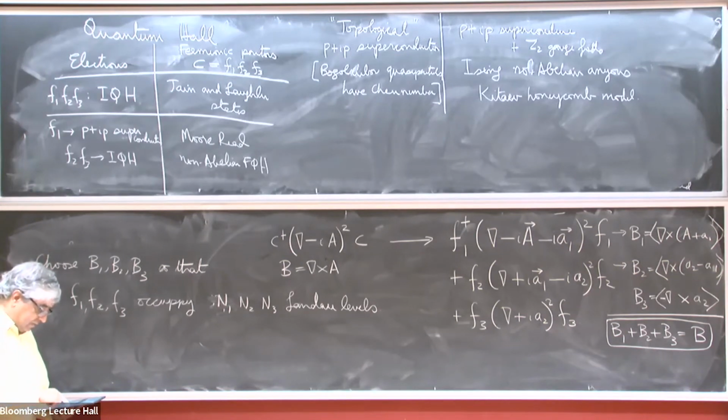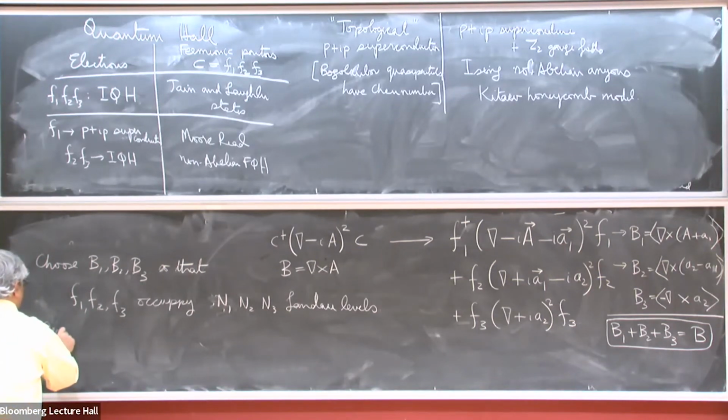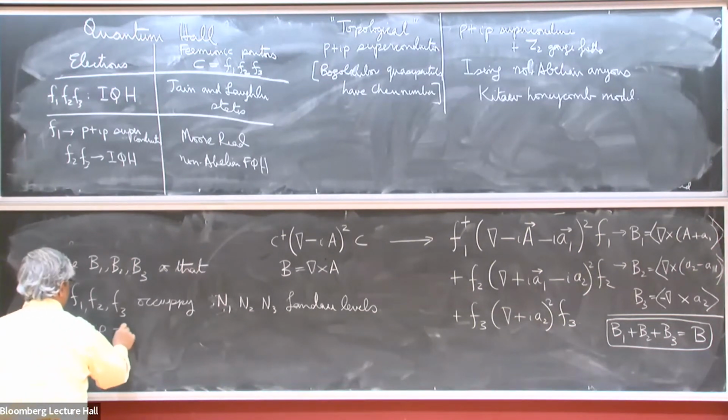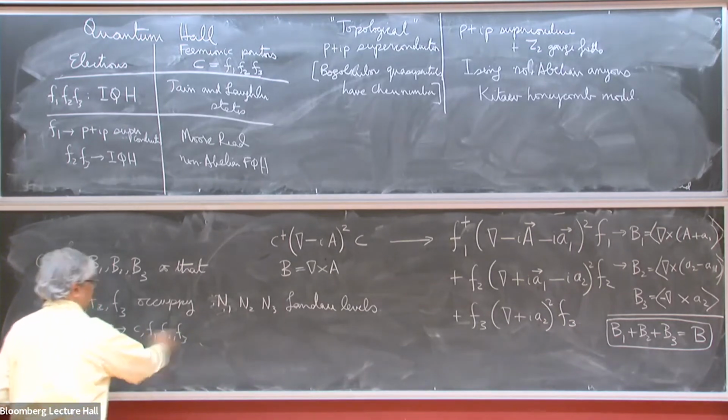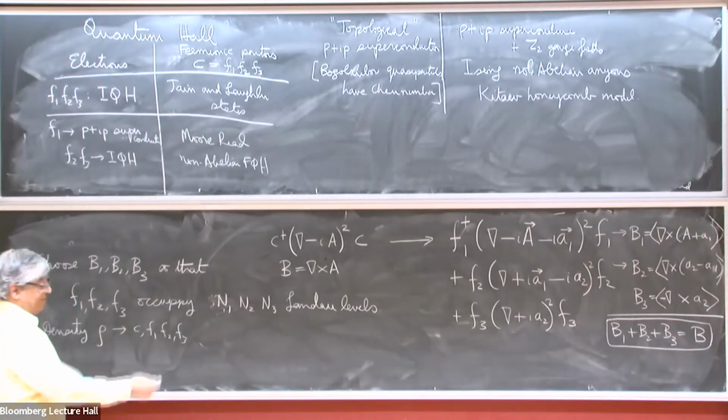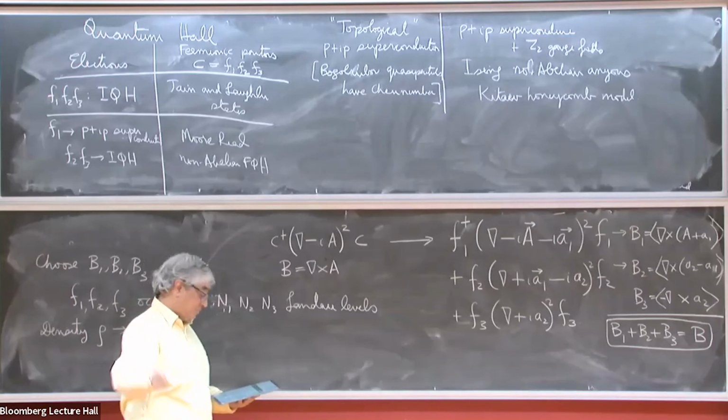So that tells us that, so now we have some density. The density of fermions, rho, is the density of C, F1, F2, F3. They all have the same density because every time there's a C, there's an F1 and F2 and F3.